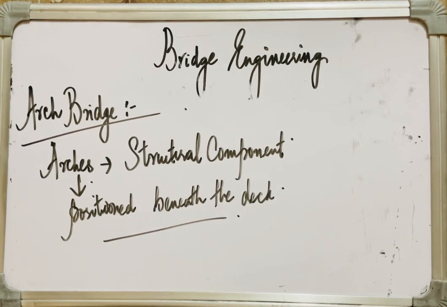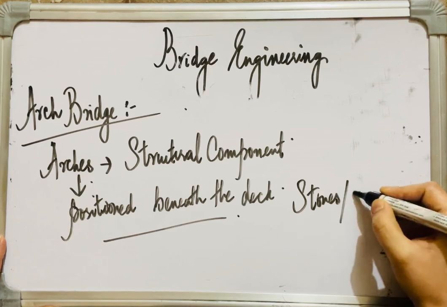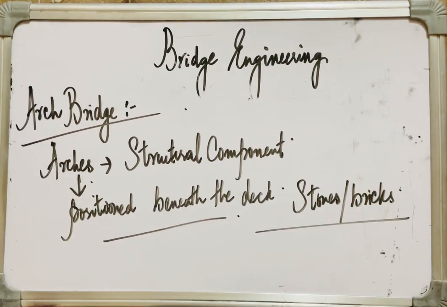All right, and this method of making arch bridges dates back many thousands of years, with stone and brick being the most commonly used materials. These materials were used to construct these arch bridges, wherein they use one or more arches as the main structural component, and these arches are positioned beneath the deck to support the deck.